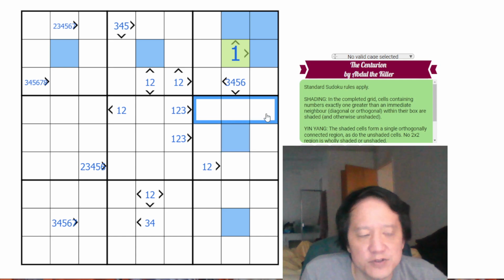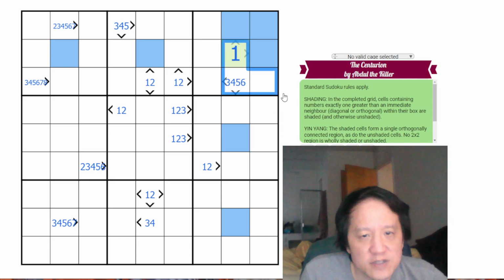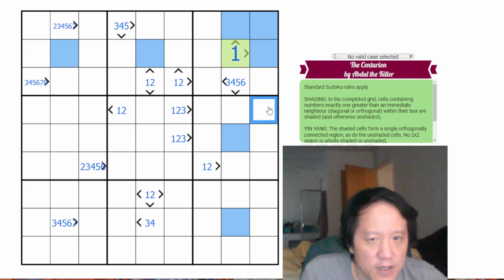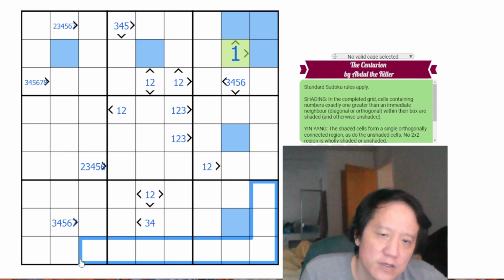Because one of these is 3, that means one of these 2 has to be shaded, at least. So then we know that this has to be shaded too, right? Because if this were green, and then this were blue, actually that's not true. Yeah, this could go all the way around technically.